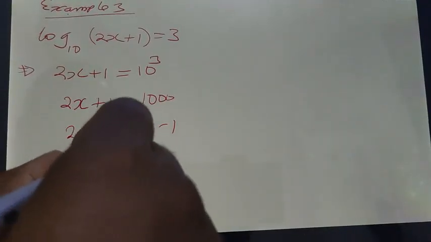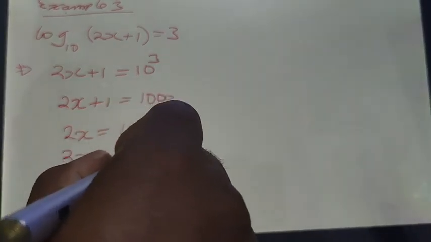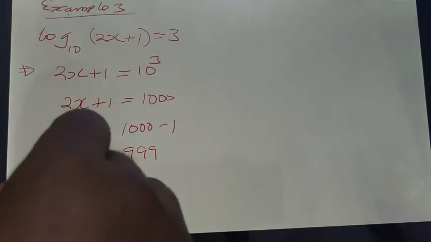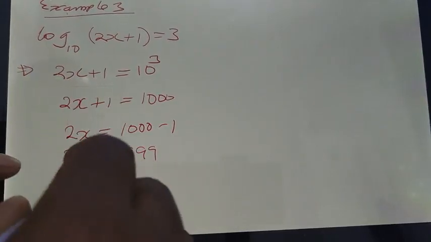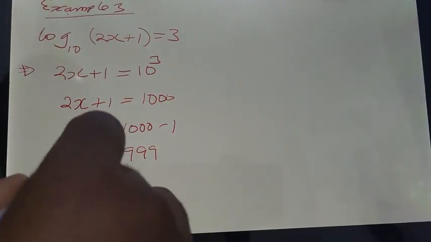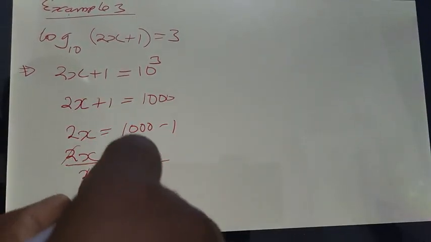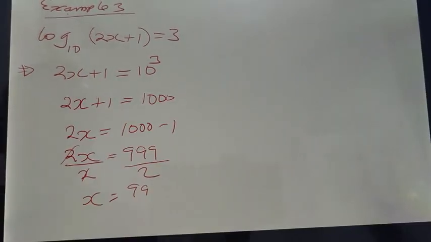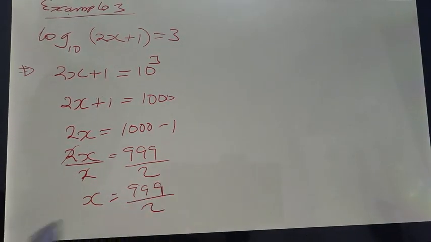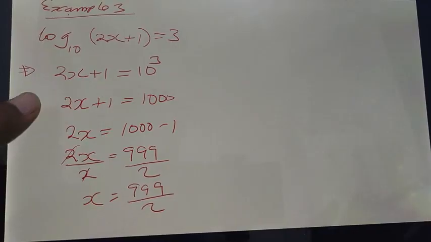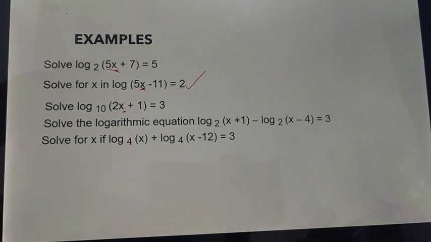So you have 2x is equal to 999. Divide both sides by 2, so your x will be equal to 999 over 2. Okay, basically that's that.